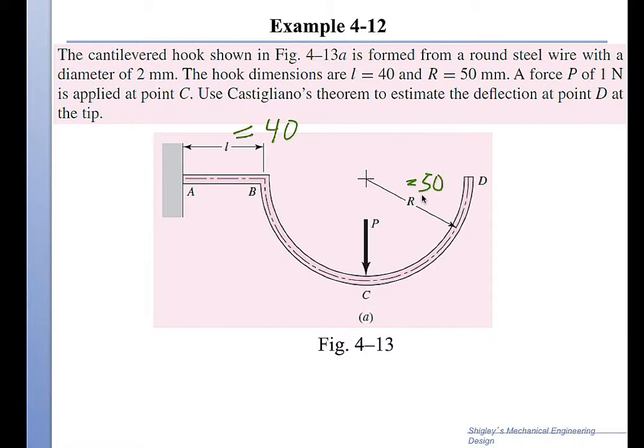This is all in millimeters, and we have a force of 1 Newton applied at point C. So the force is applied here, and we want to use Castigliano's theorem to estimate the deflection at point D, which is far away from the force at the tip.